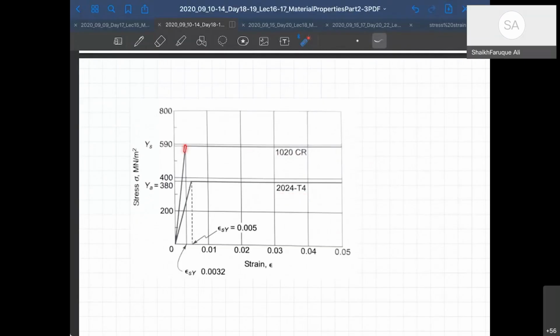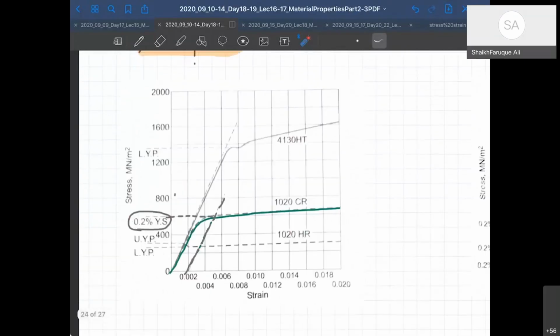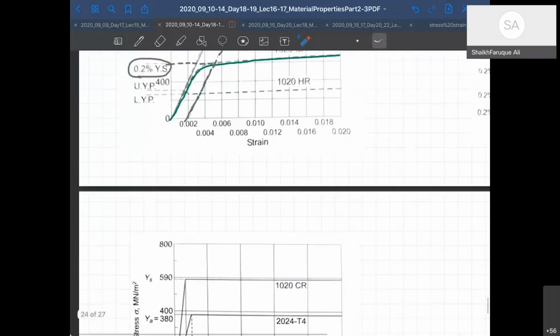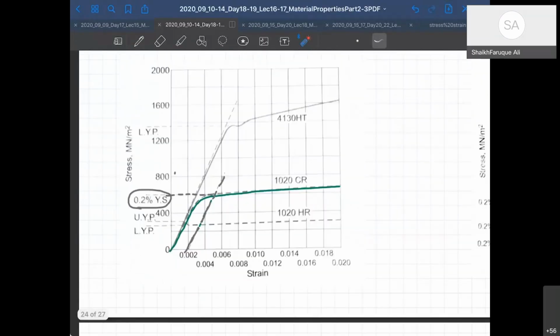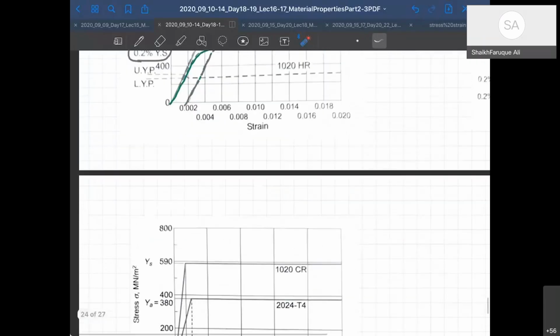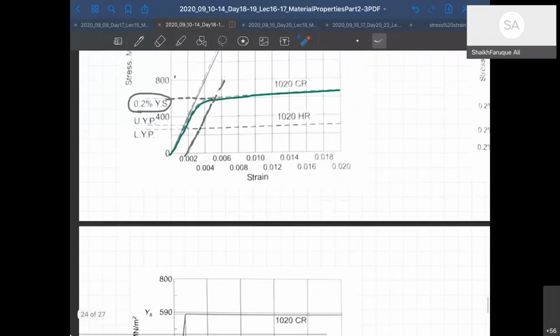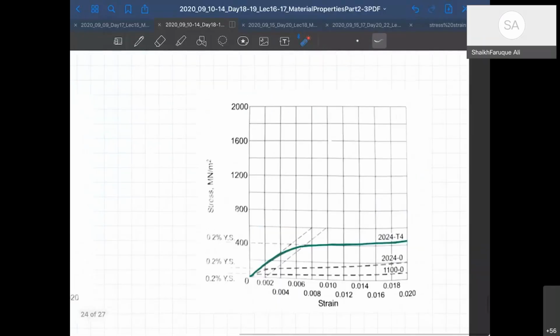So there is something at 590. We have seen that it can be around 800, 400, so a little less than 600. So we assume 590. We'll draw a linear elastic curve to 590, and then a straight line for the plastic portion. We are not going to draw the slight curve here because it doesn't matter for me, and this gives me very easy hand calculation. Same thing for this one: I can draw a straight line at a little less than 400, maybe 390 or 380. So what is done here?